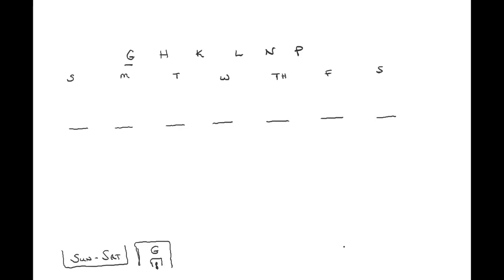The day to which G is assigned must be immediately before or immediately after K. So G and K are consecutive, not necessarily in that order, but G is only going once, so G is not going to be Saturday or Sunday.